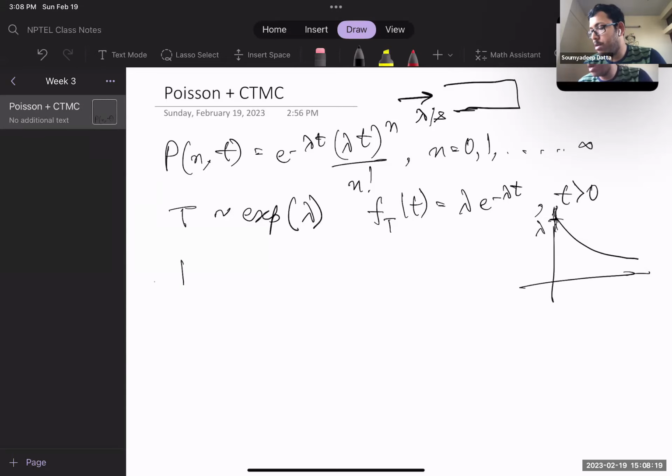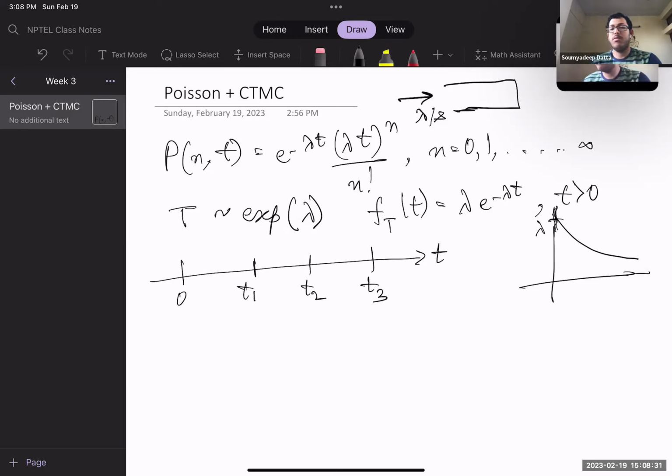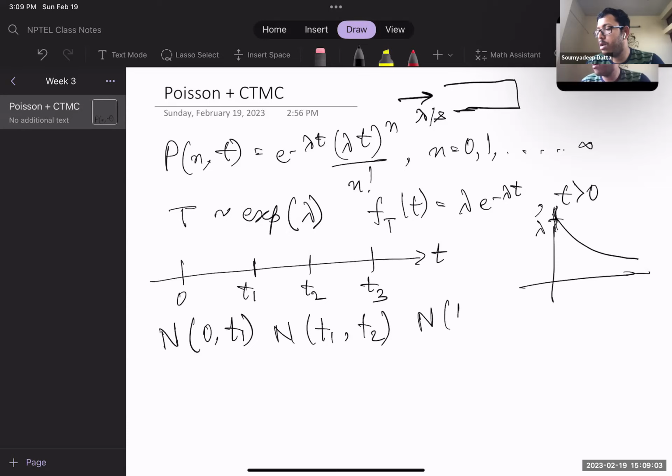Let us draw a timeline, right? We have the time axis here, and we start at time t equal to 0. Let's just draw random time intervals t1 to t3. We want to count the number of arrivals n from 0 to t1, and also n from t1 to t2, and n from t2 to t3.